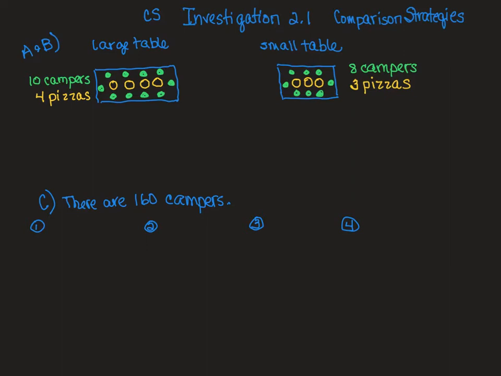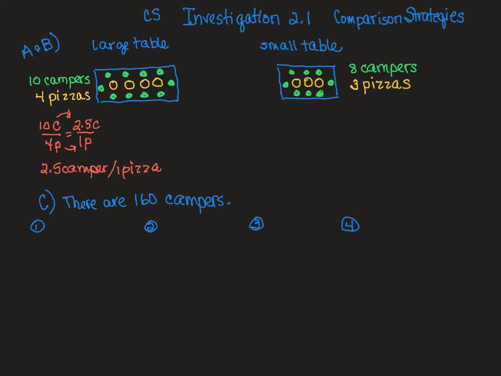I have 10 campers for every 4 pizzas. And if I want to find that unit rate for 1 pizza, I divide by 4, and I'm getting 2.5 campers. So that's 2.5 campers are going to share each 1 pizza.